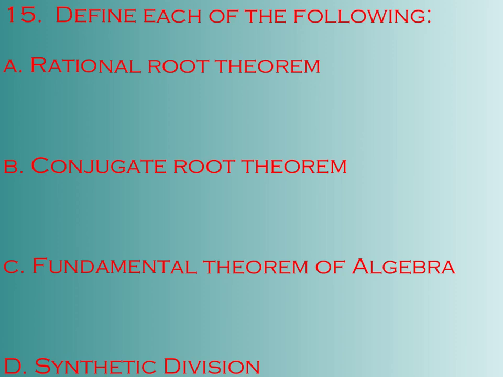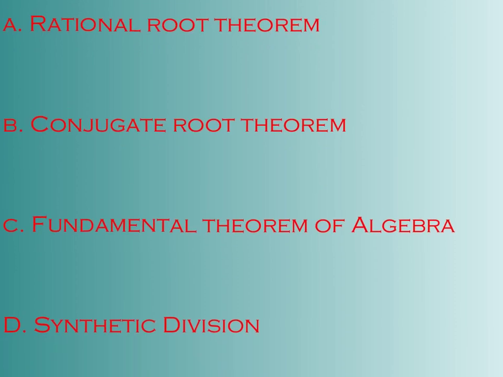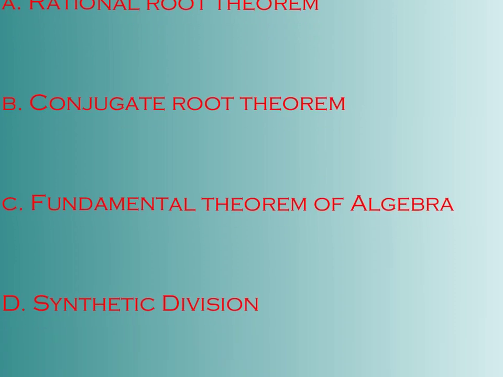It says if our degree is 1 or more, then that's how many zeros or roots we have. So if we have x to the 5th, that means we're going to have 5 zeros or 5 roots. And lastly, synthetic division is a process we can use to evaluate a polynomial.